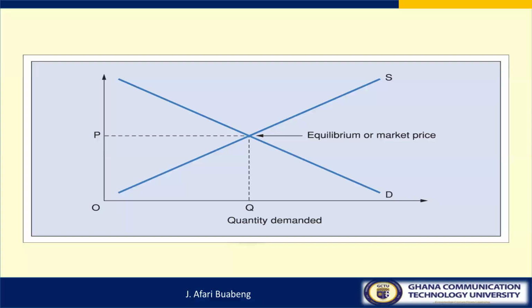Okay, let me see if there are hands here. Okay, Miriam, go ahead. So if price moves down, there will be an increase in demand. So quantity demanded will be high.